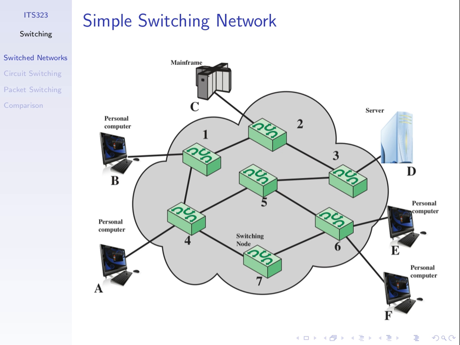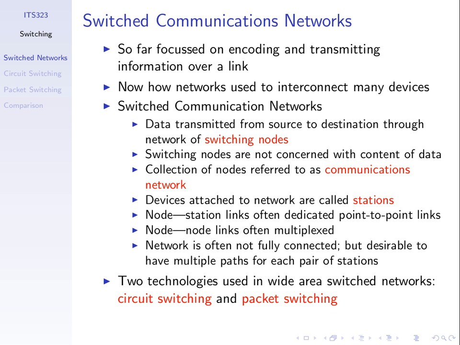What have we missed? I'm trying to cover these points on the previous slide. We have switching nodes. The collection of nodes is called a network, a communications network. The switches are not concerned with the content of the data. They just forward the data, no matter what it is. The devices attached are called stations. Node to station, normally point-to-point dedicated links just for that station.